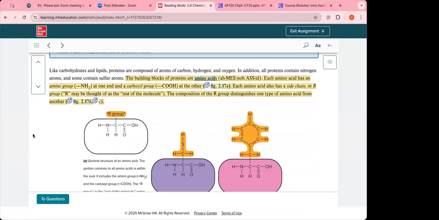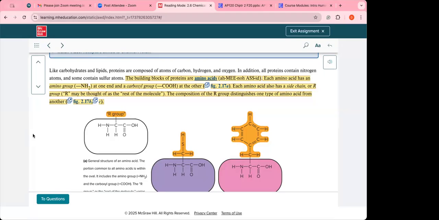In addition, all proteins contain nitrogen atoms. Amino acids are the building blocks. Each amino acid has an amino group at one end and a carboxyl group at the other. Each amino acid also has a side chain or R group that may be thought of as the rest of the molecule. The composition of the R group distinguishes one type of amino acid from another.